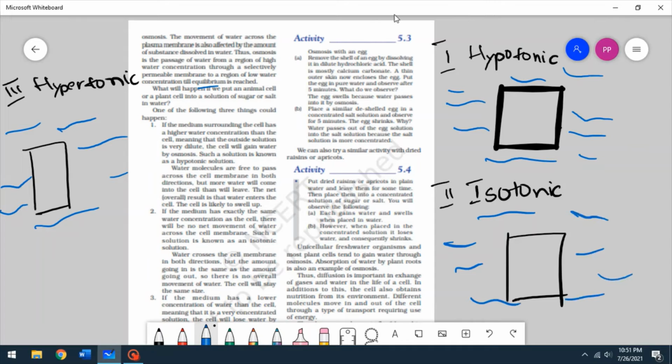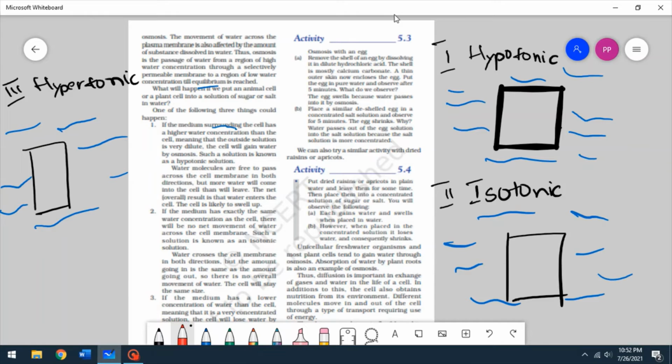Okay, so hypotonic solution. If the medium surrounding the cell has a higher water concentration than the cell, meaning that the outside solution is very dilute, the cell will gain water by osmosis, and such a solution is known as a hypotonic solution. So the outside solution is very dilute. That means there is a higher water concentration in the medium surrounding the cell than inside the cell.